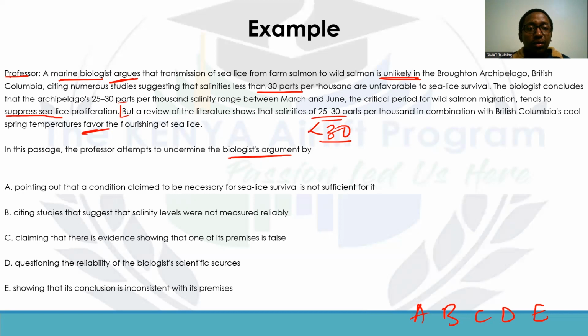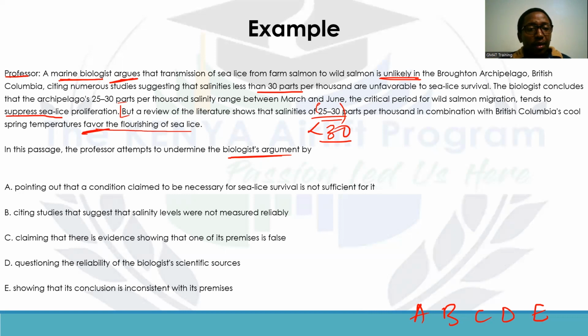So the view of the professor is that this range in salinities and the cool spring temperatures favor the flourishing of the sea lice. And that, of course, contradicts the view of the marine biologist.